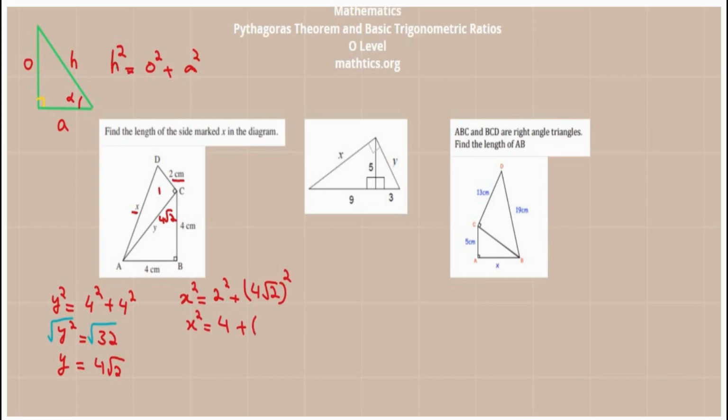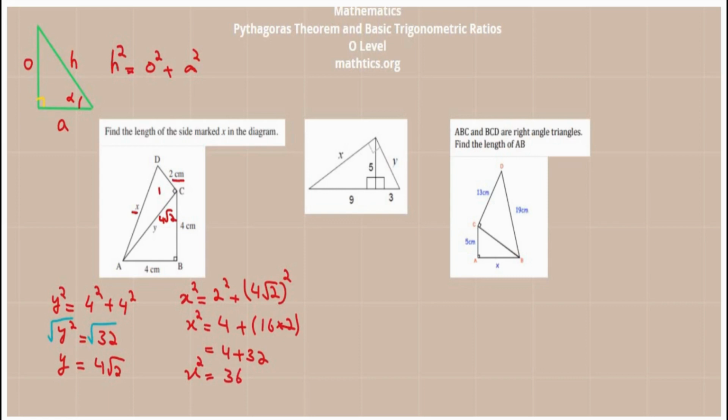We need to apply the square separately on 4, that would give us 16, and the square on square root 2 will be just 2. So this whole thing is going to be 16 times 2, that is 32. 32 plus 4 is 36. So far we have got x square is equal to 36.